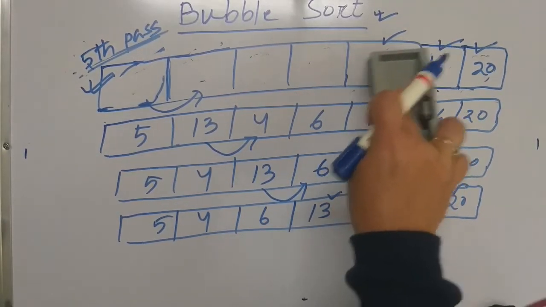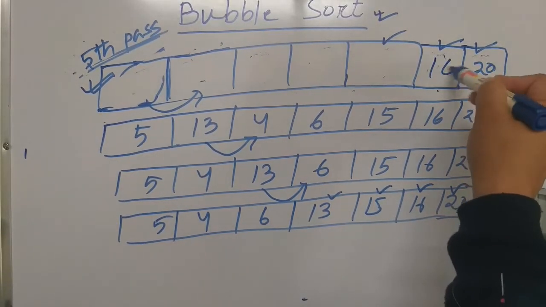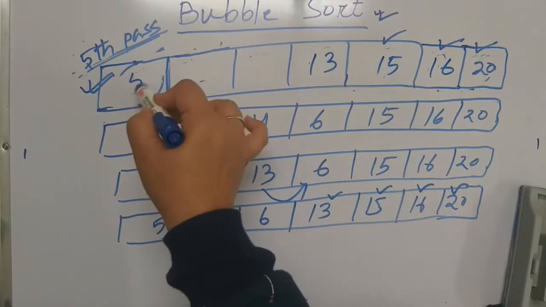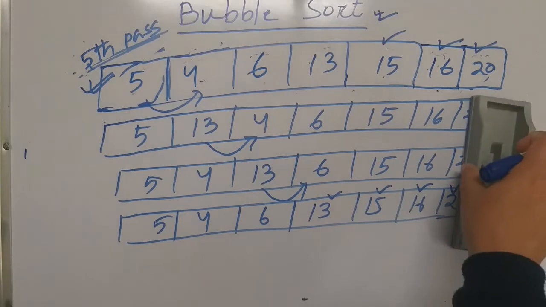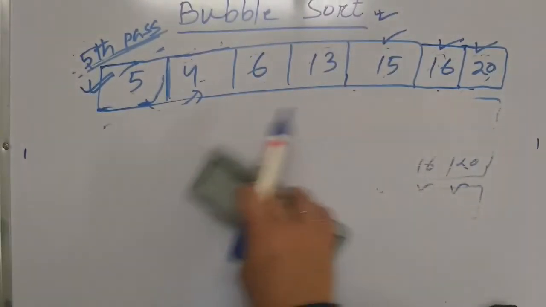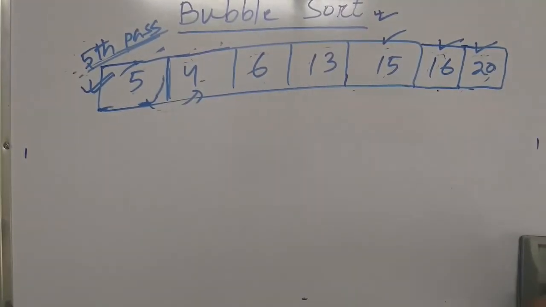Okay, so I write down here what is the answer. Look at this. Here it is 16, here it is 15, here it is 13. Okay, so then is 5, 4 and 6. Okay, so then I delete all the elements and then I write down what is the result of the 5th pass. So look at this.